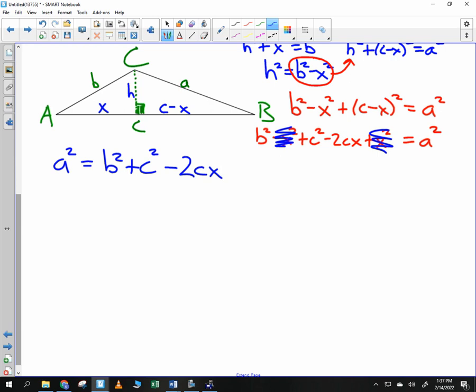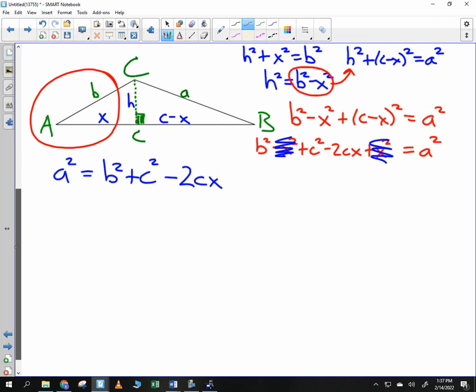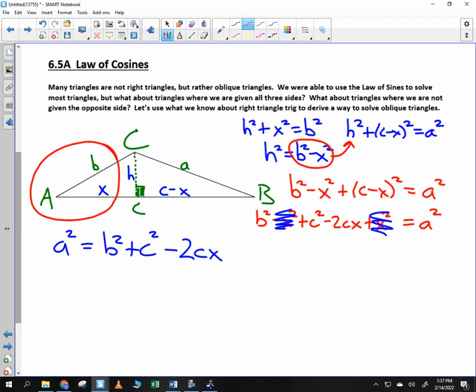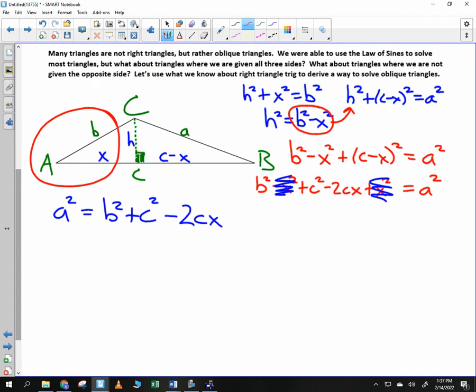Notice where X lies in the setup of the problem. Is it on the right side or left side of the triangle? Oh, it's the cosine. Yeah, it's called law of cosines. We could just write an expression that says the cosine of angle A is equal to what over what?